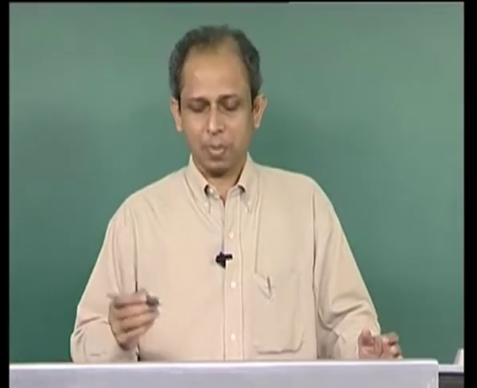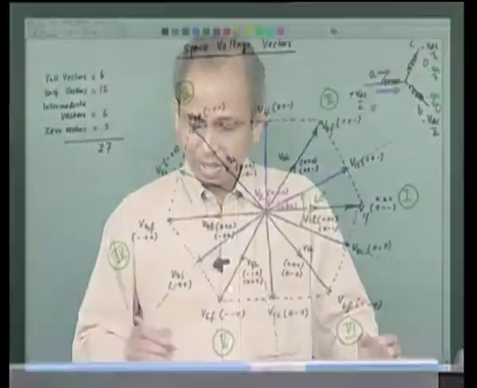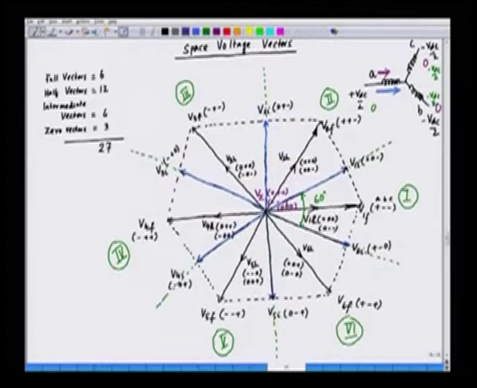We have seen that we have 6 different sectors, from 1 to 6, that we already saw in the last lecture. These are the various sectors: sector 1, sector 2, and so on, each one a 60-degree interval, up to sector 6.